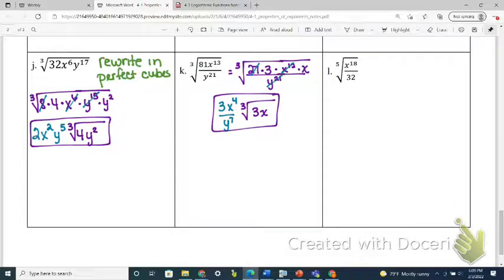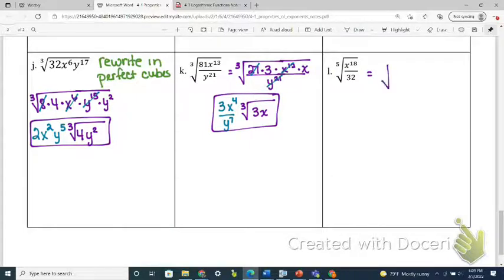Last one. So we've done square roots. Your exponents had to be divisible by 2. Cube roots, your exponents had to be divisible by 3. So for fifth roots, my exponents have to be divisible by 5. So I find the biggest number that I can divide by 5 into 18.